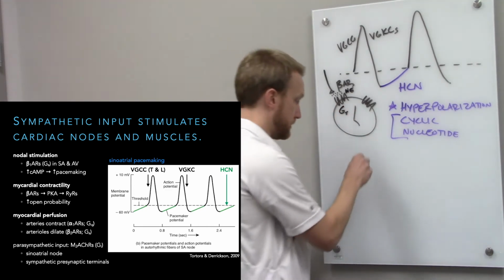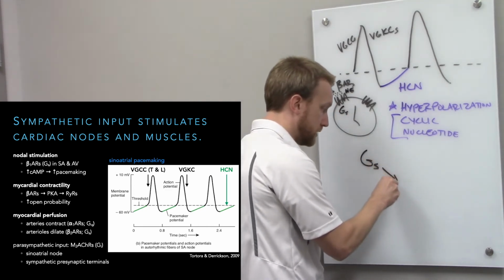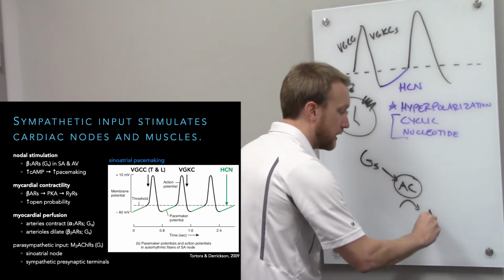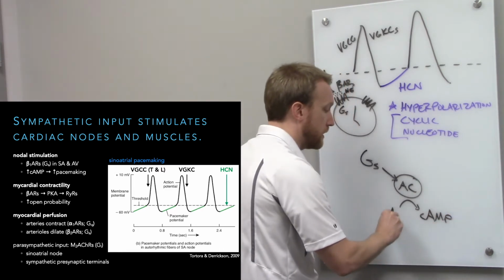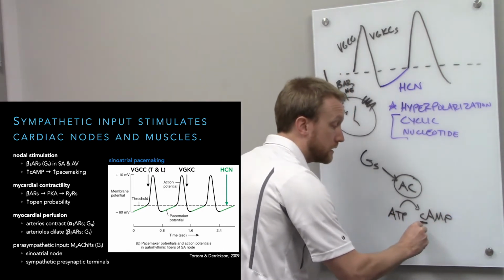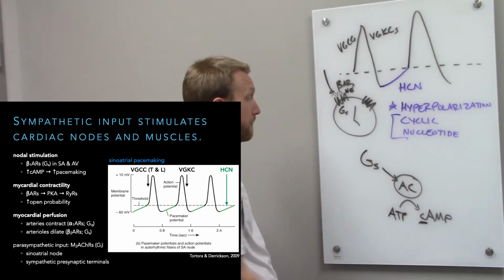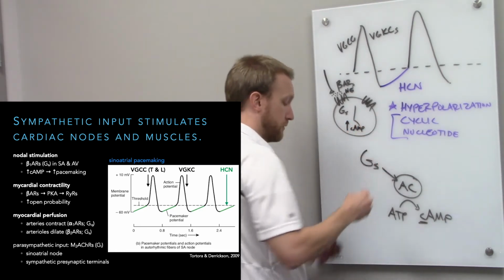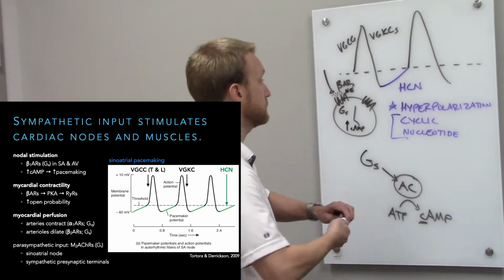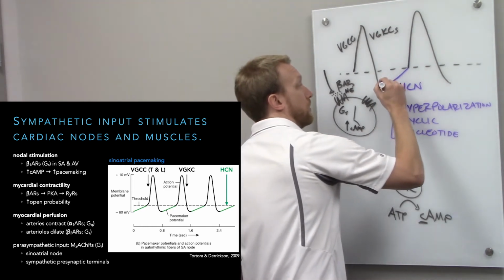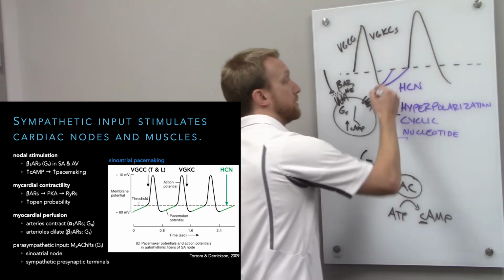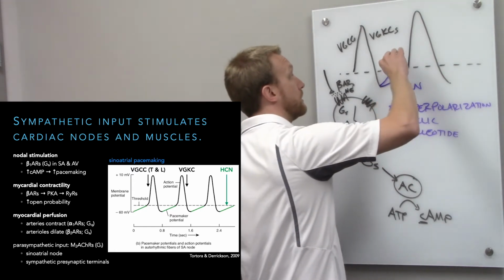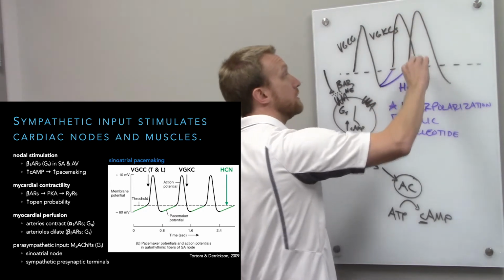We all know what that means. GS stimulates adenylyl cyclase, which is the enzyme that makes cyclic AMP from ATP. Notice, cyclic, it's a cyclic nucleotide. So, if we increase cyclic AMP levels, the rate of depolarization increases, and as a result, the rate of spiking increases.